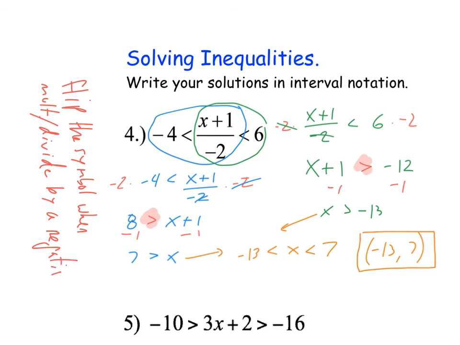Very easy to forget. It's not just because we had negative numbers, it's because we multiplied or divided by a negative number on both sides.